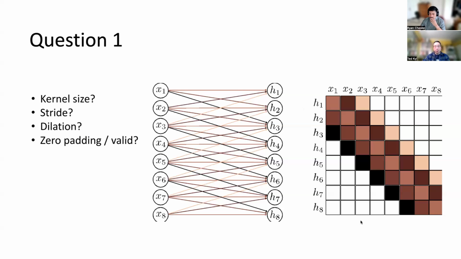Yeah, if it was valid, then you would see all of them would be 5. You never have any short ones at the ends. Yeah, true. I believe it's zero padding, and we use padding just to preserve the information, right? If we don't have padding, we might lose some features. Am I correct here?